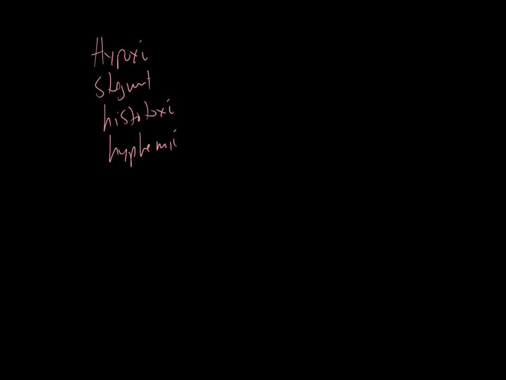Stagnant typically is due to pooling, right? CHF, cardiogenic shock, G forces, prolonged exposure to G force. Histotoxic is poisoned hemoglobin, basically. And then hypemic is anemia. It's just a loss of oxygen carrying capacity.